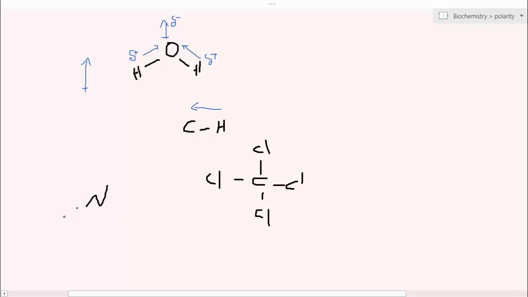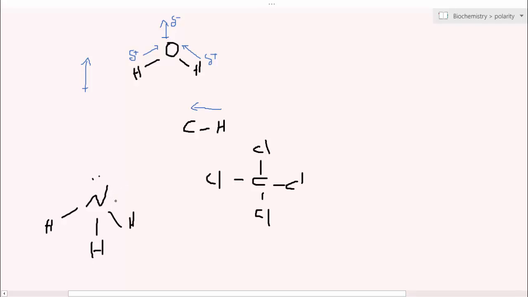NH3, with the hydrogens here. It is not like this. The hydrogens do not all have the same angle around the nitrogen. Here it is different because of hybridization.